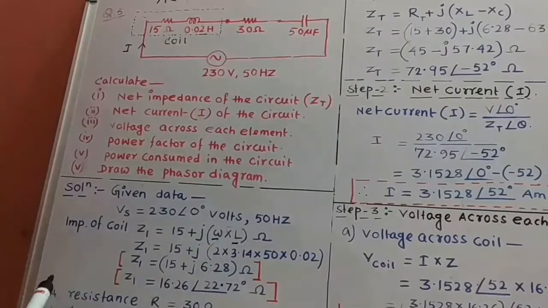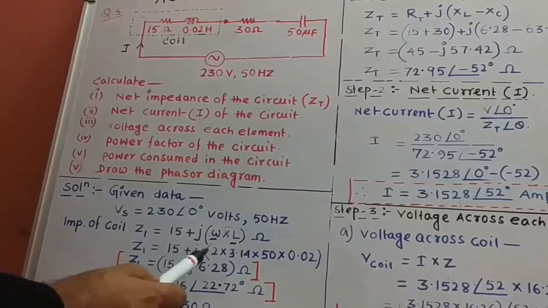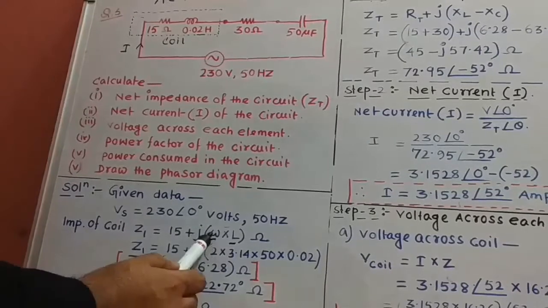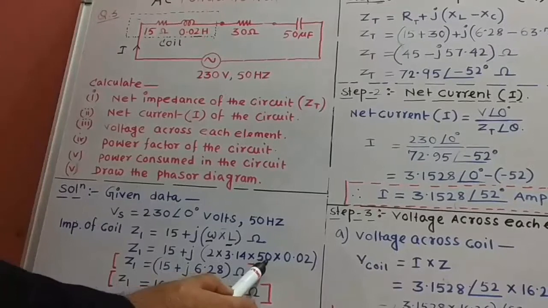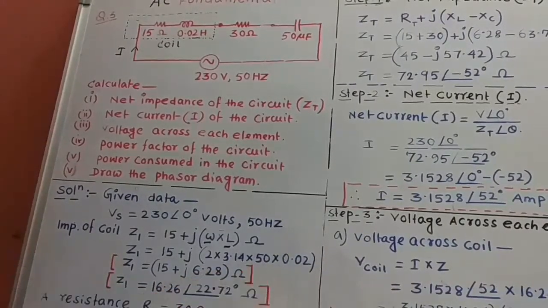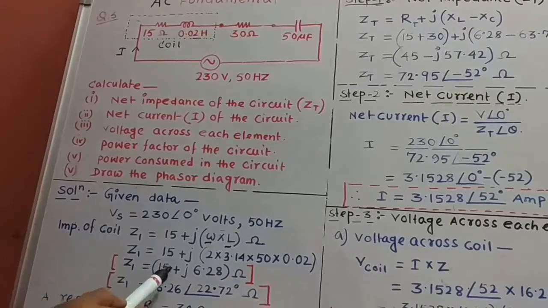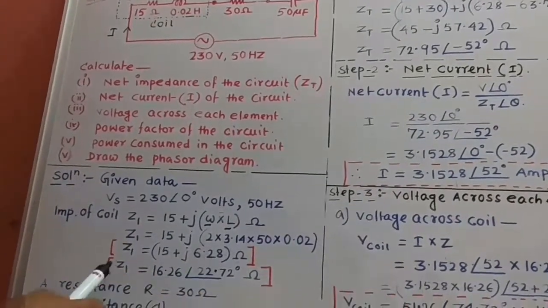this much ohms. Now Z1 is equal to 15 plus j XL, if I replace omega is equal to 2 pi f, so every data we have and multiply with 0.02, we will get Z1 is equal to 15 plus j 6.28 ohms.